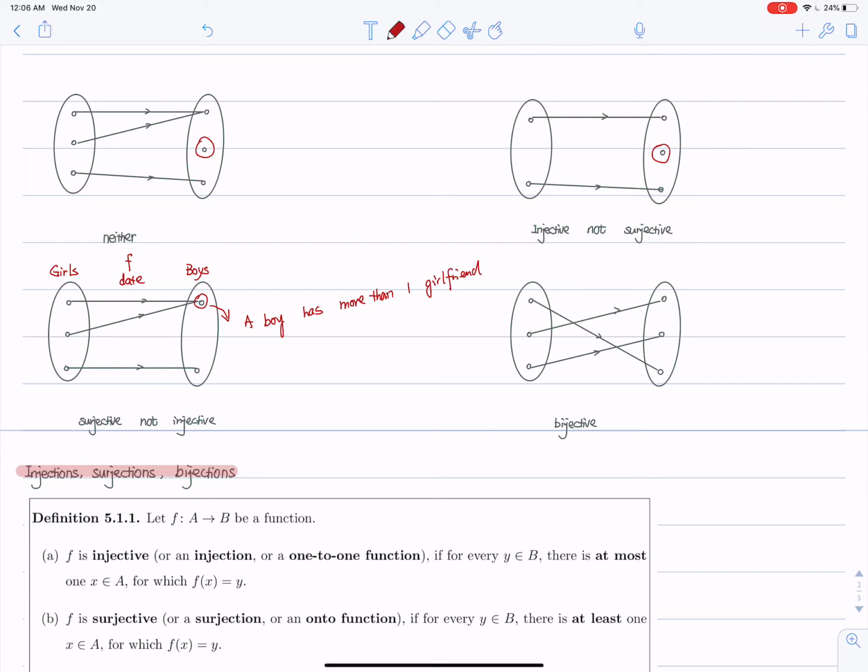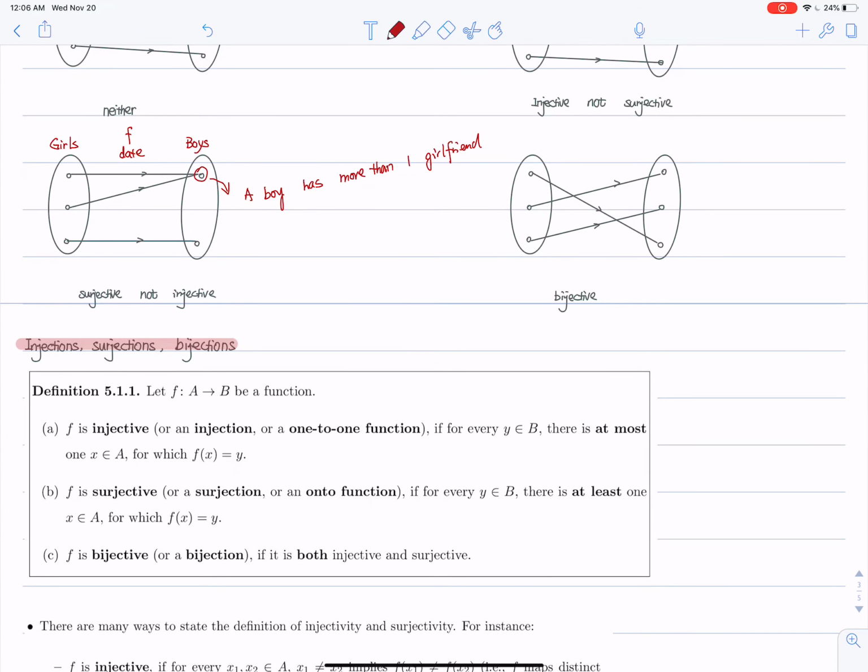Injective but not surjective is when we have a single boy who has no girlfriend. Bijective is when everyone's happy.